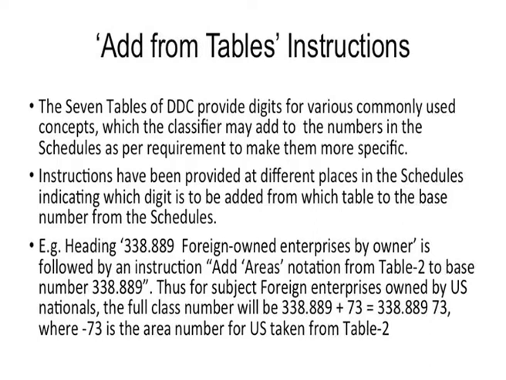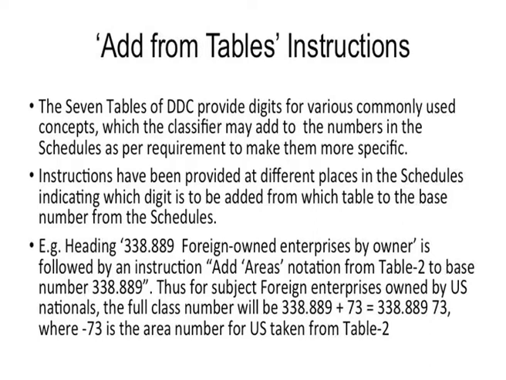So, for example, the heading 338.889, foreign owned enterprises by owner. This heading is followed by an instruction: add area notation from table 2 to the base number 338.889. So we can add any area number after 338.889 because the instruction has been given to add an area number from table 2 to this number.